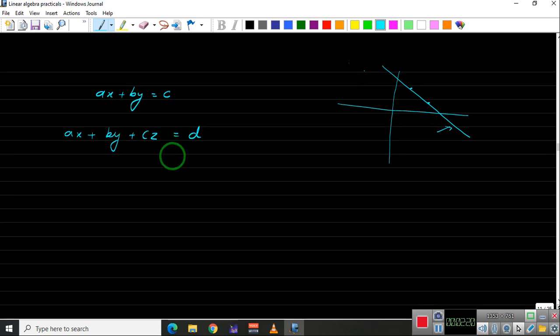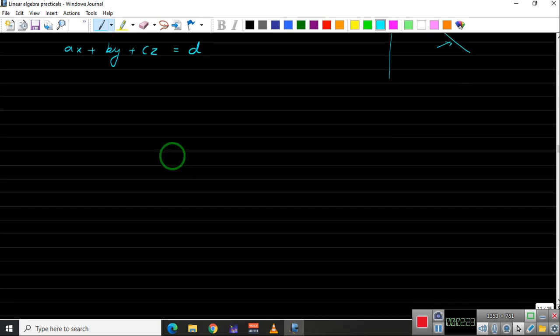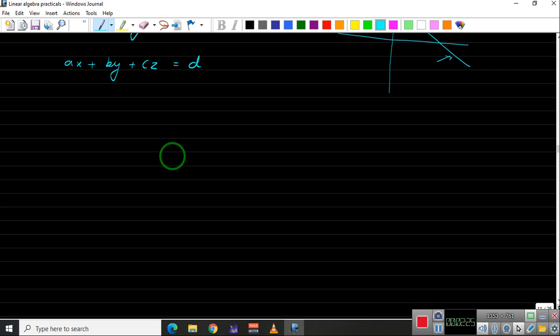So in general, a linear equation in n variables can be written as follows.